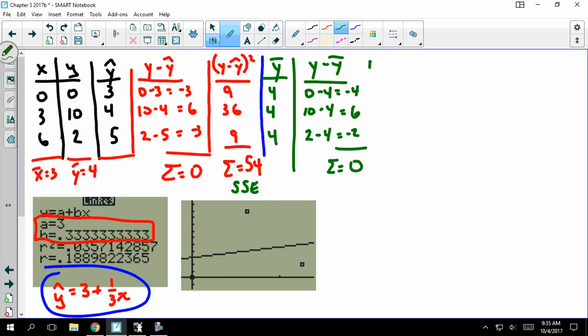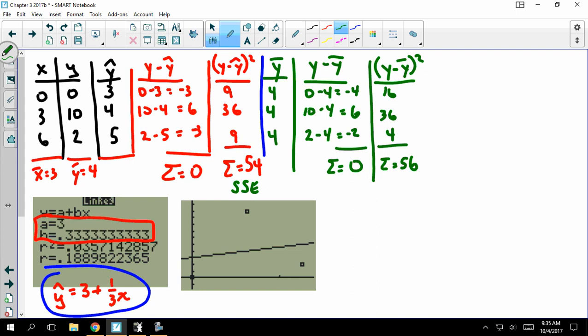So just like before, let's go ahead and square that. So I'm going to go y minus y bar squared. So this is 16, this is 36, this is 4, this adds up to 56. Again, this is a measure of how bad of an idea it was just to guess the mean every time.